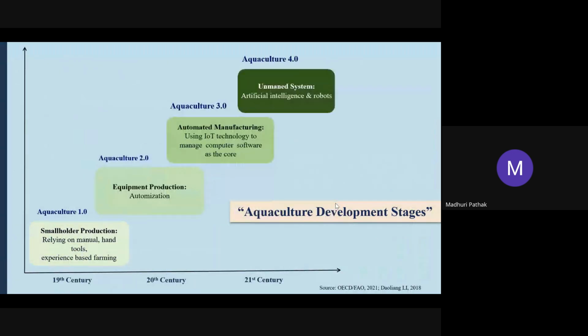As we are moving ahead from the 19th century to the 21st century, we used to have small holder production, keeping it very simple, like extensive forms of fish practices, relying on manual and hand tools, experience based farming.